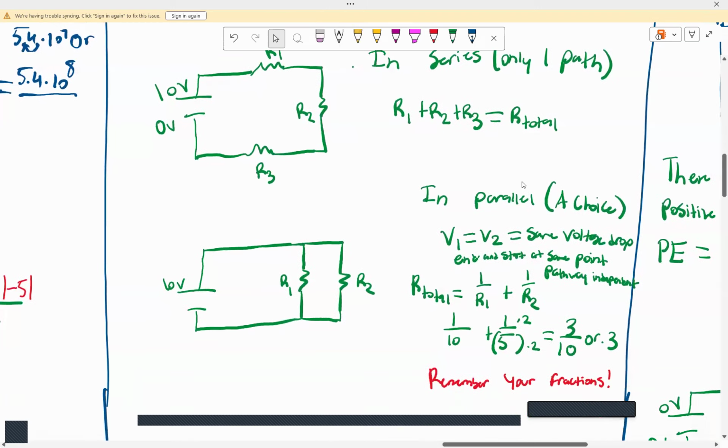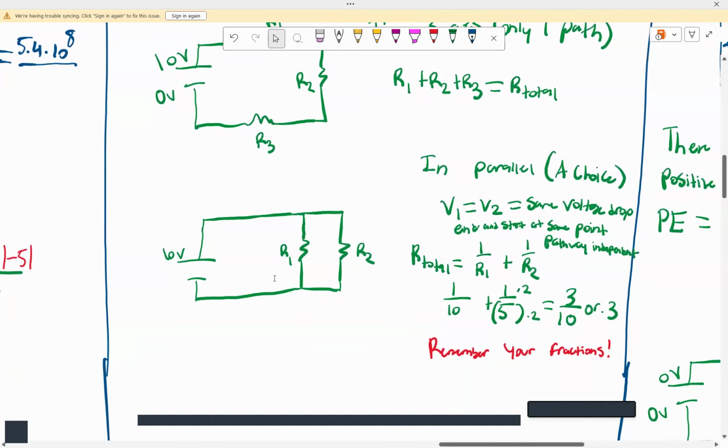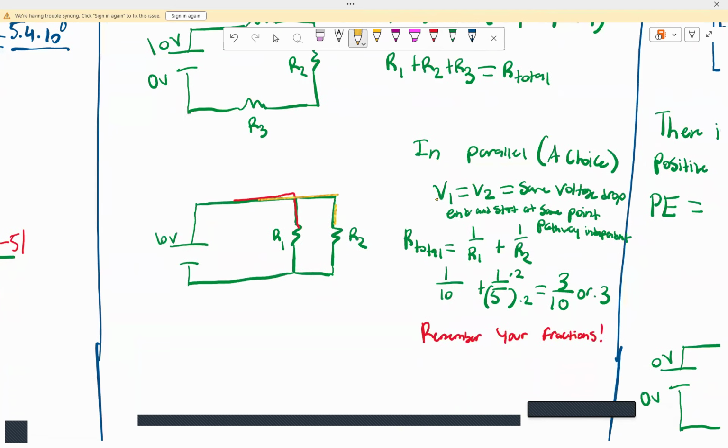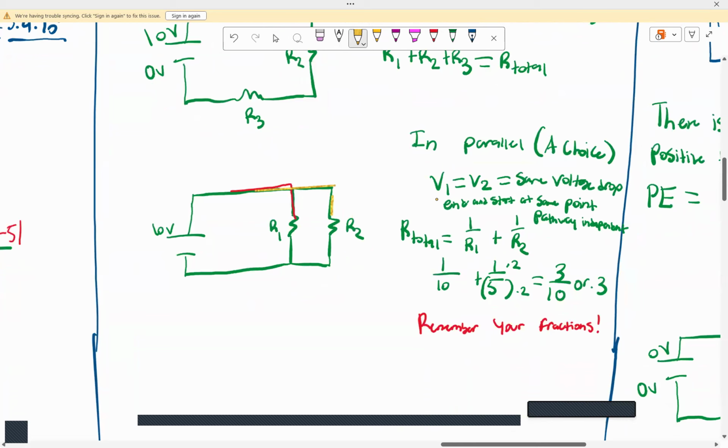And then in parallel, there is a choice for which path. You can either go through this junction over here, or you could go through this junction. But at the end of the day, you're still going to have the same voltage drop because you have the same start and ending points.